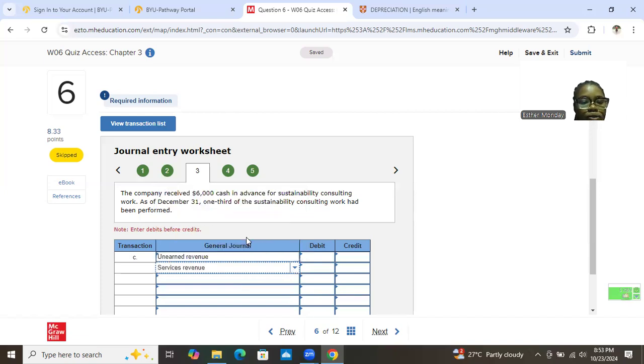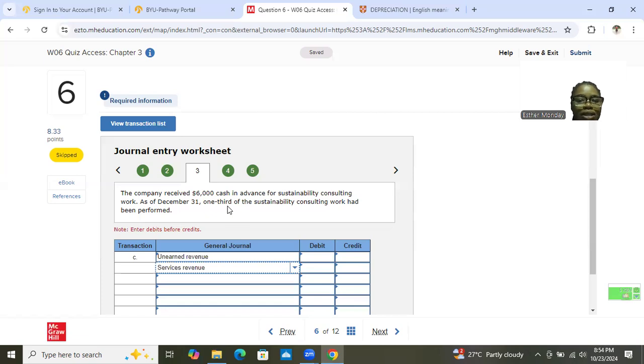Here, on our unearned revenue, since the money was received in advance, it will become unearned revenue because it falls under liability. The work has not yet been done. So the unearned revenue will be 6,000, and we are told that on December 31st, 1/3 of it was done. 1/3 of 6,000 is 2,000 naira.